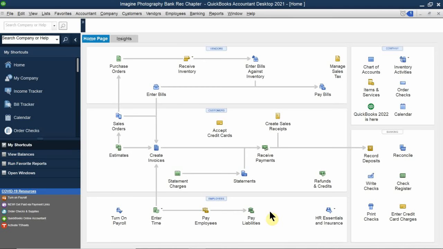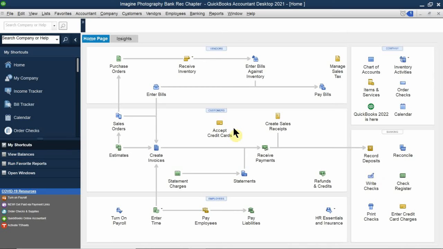Or for a lot of corporations, they have what's called a restricted or reserved savings, where that lump sum of money is restricted for expenses that arise that you have to pay for.